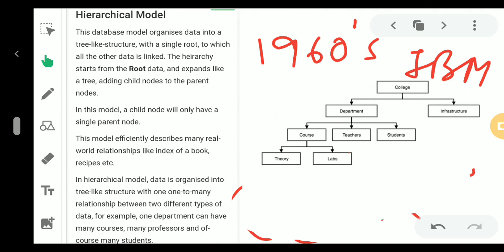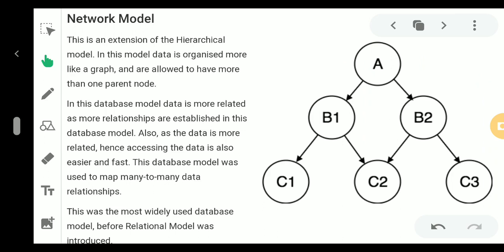Now we move to the next model, the network model. This model is used to store data similar to the hierarchical model, with parent-child relationships. A hierarchical model is a subset of the network model. The network model was developed during the 1970s, and it uses set theory to represent the records and the links.